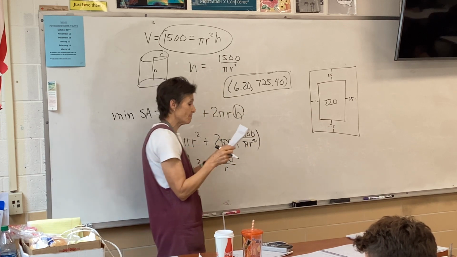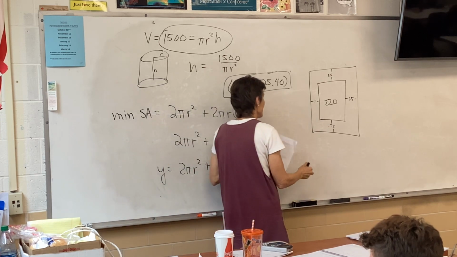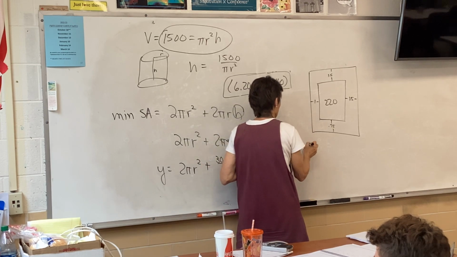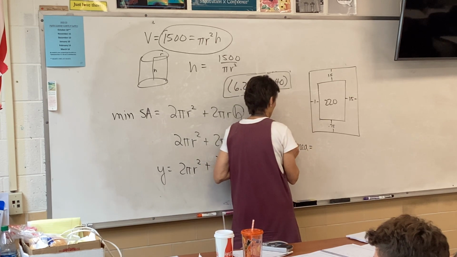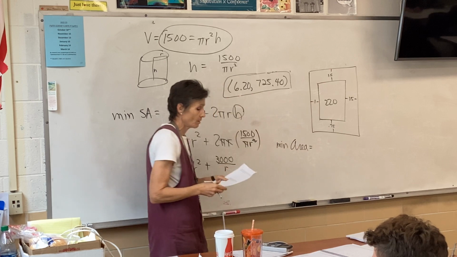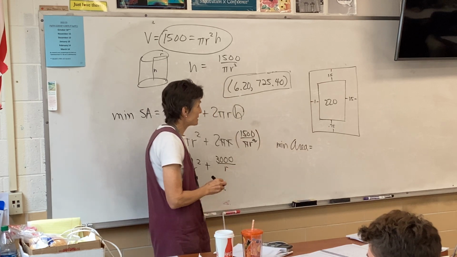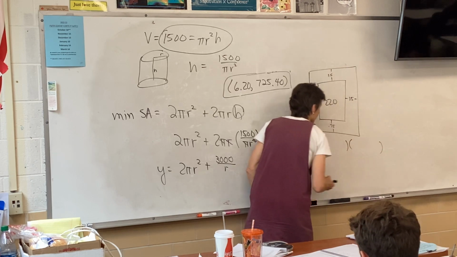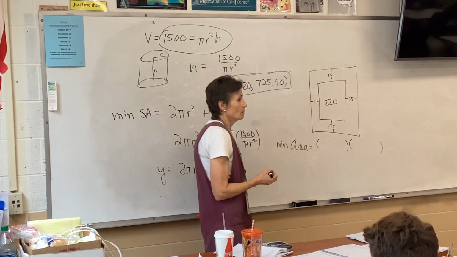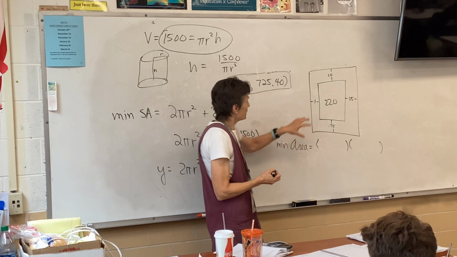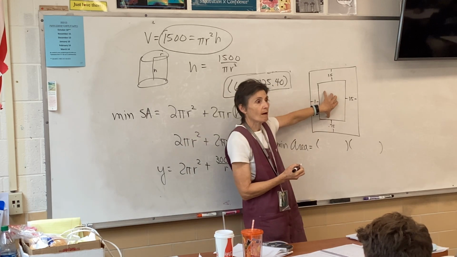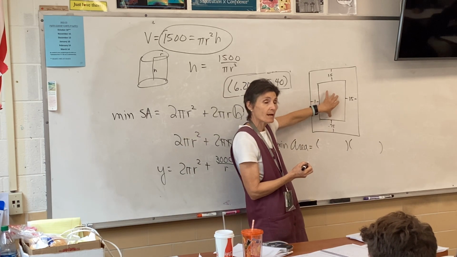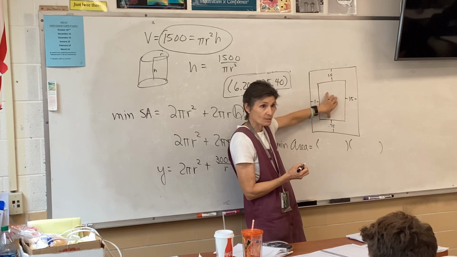We want to find the dimensions of the paper that will minimize the area. So we're going to do another minimum problem. We're going to minimize the area. So, what is the area of this page? Well, first of all, what are the dimensions of the written work if the area of the writing is 220?